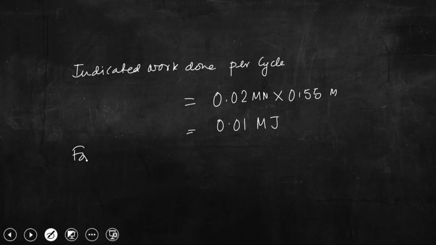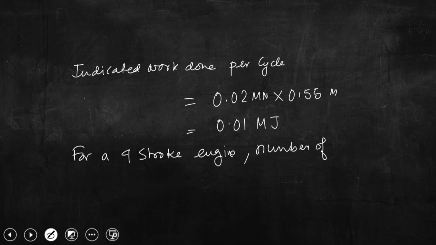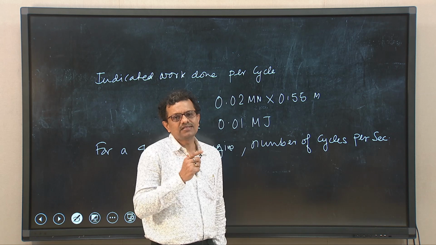Now, for a 4 stroke cycle engine, the number of cycles per second. You know, if you try to recall, perhaps you have studied this in your undergraduate course, that there are 2 revolutions per cycle.